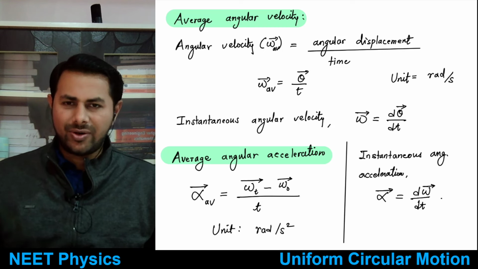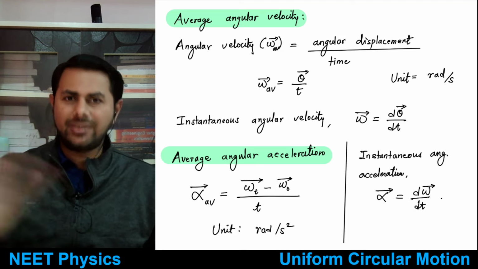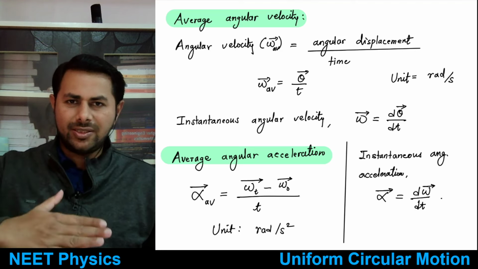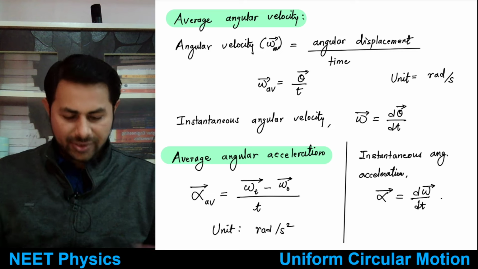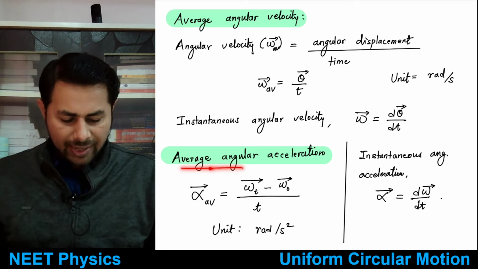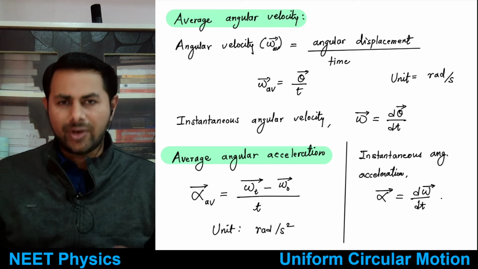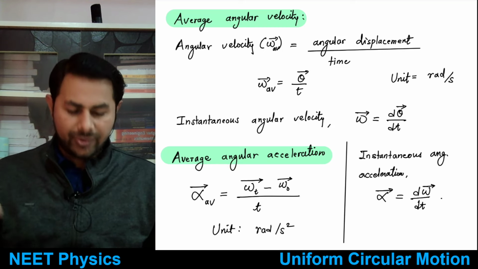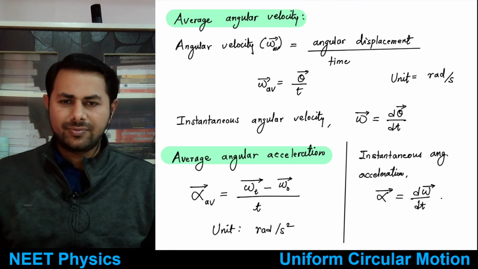If angular velocity is increasing, that means your object is moving faster, its speed is increasing, it covers those angles rapidly. Then the angular acceleration is in the same direction as that of angular velocity. But if the angular velocity is decreasing, then it is in the opposite direction.